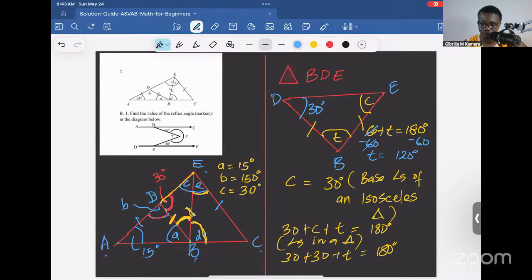So this angle is 120. If we know that angle, we know A already. This is T, by the way. So you can add A, T, and D and sum them to be 180 degrees.